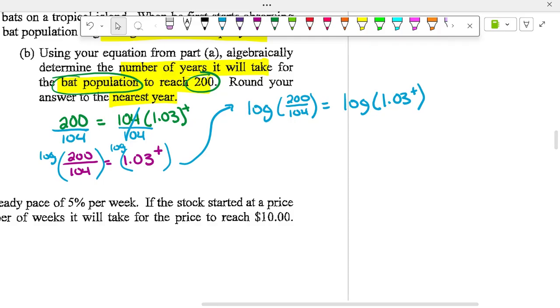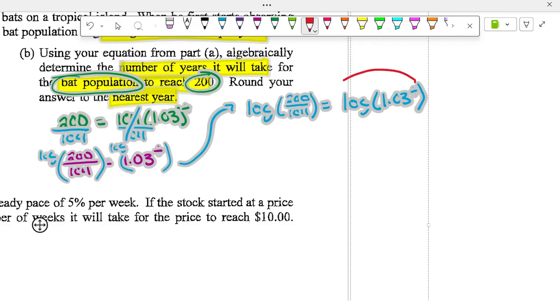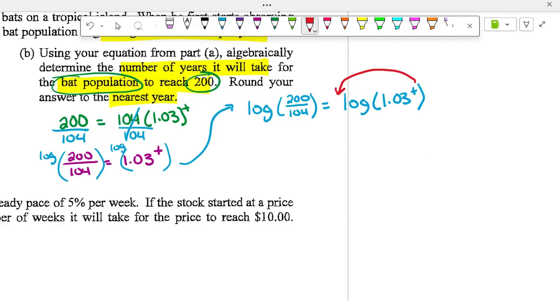So what's my next step for solving? I gotta take that t, bring it to be in front of this log. So I have log of 200 over 104 is equal to t log of 1.03.